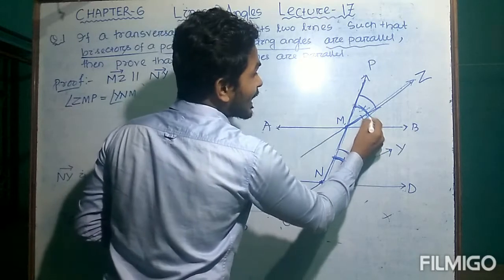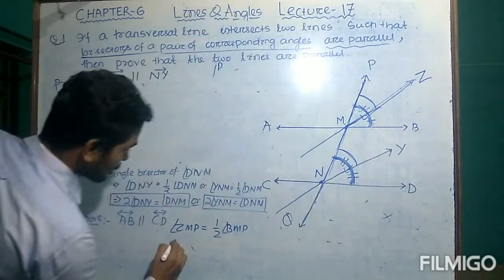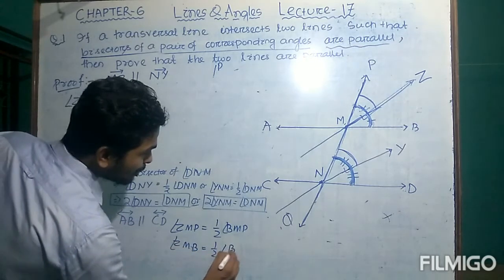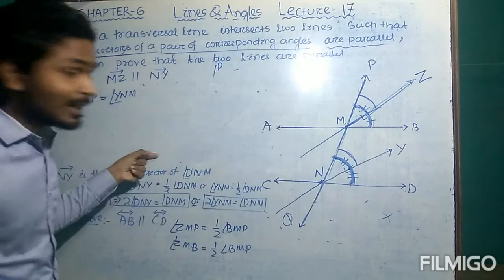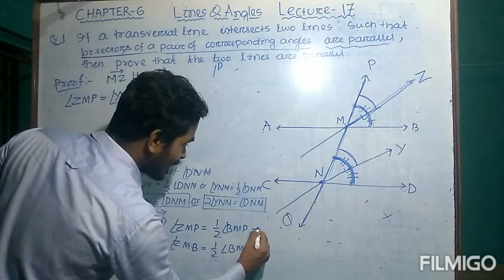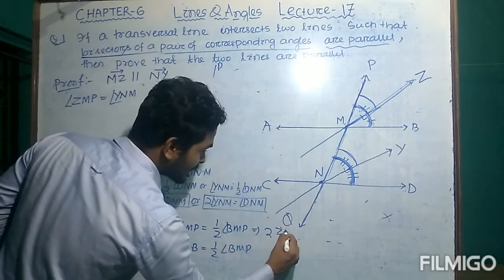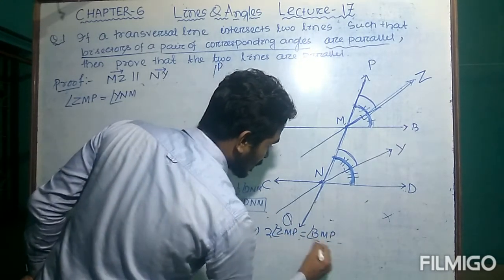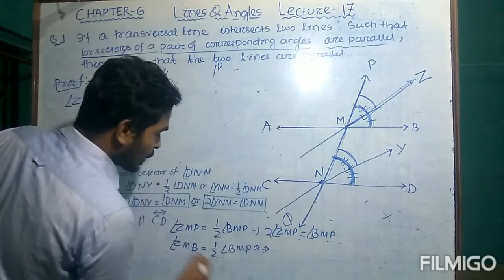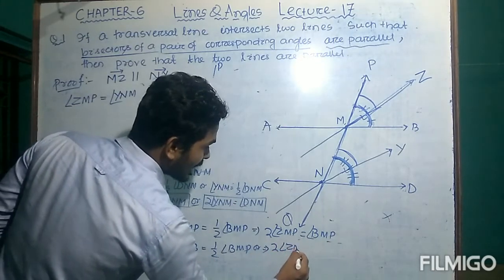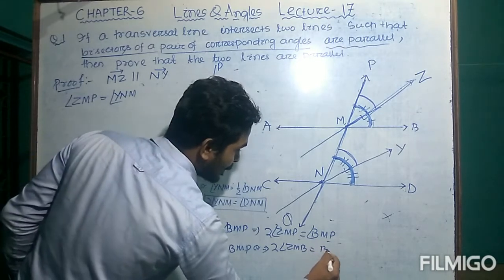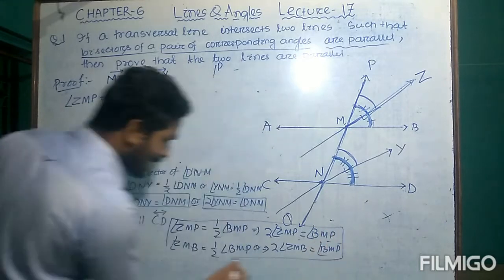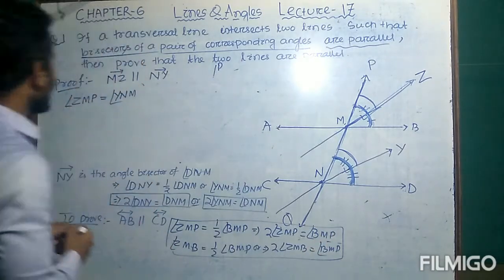Now cross multiply, so the 2 will be multiplied: 2 times ZMP is equal to BMP, or 2 times ZMB is equal to BMP. So we have already got this from the given section, right?